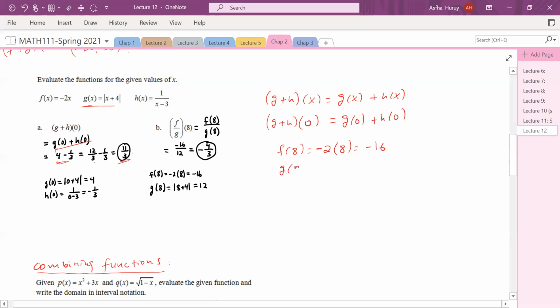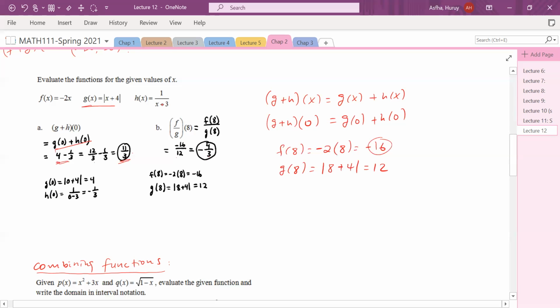And g of 8 is 8 plus 4, which is 12. So if we substitute these values in here, we get -16 over 12. Simplifying this, we get -4 over 3. Therefore, this is how we evaluate combinations of functions.